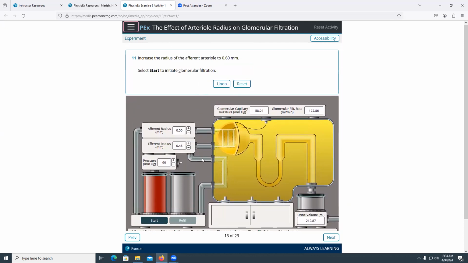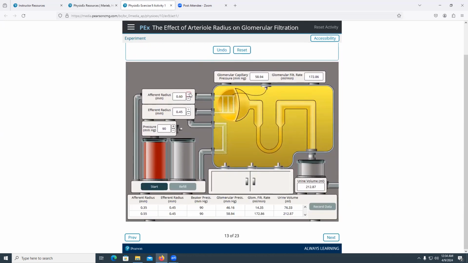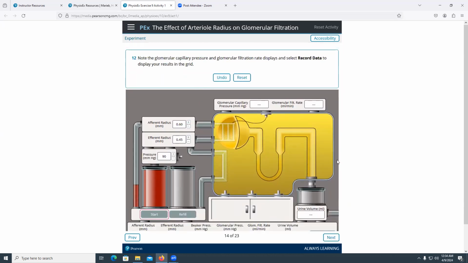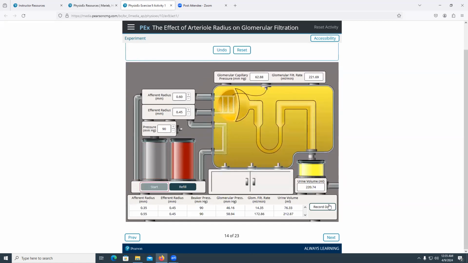Now increase the radius to 0.6. There we go. And now let's start the experiment. Record data.